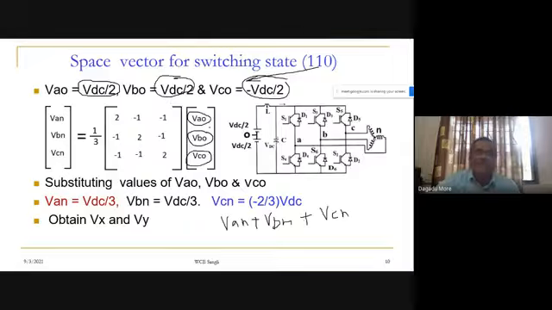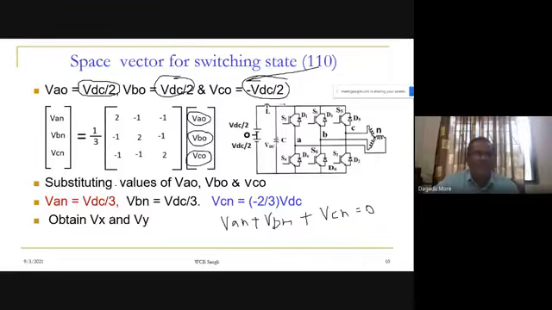While making calculations hurriedly with VAO, VBO, VCO, we may make a mistake, and that can be verified because the sum of these three voltages must equal 0. If you are not getting 0, somewhere you made a mistake in the calculations. So that will be one check.